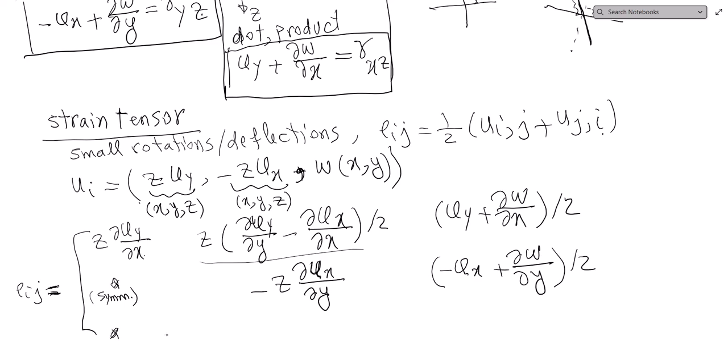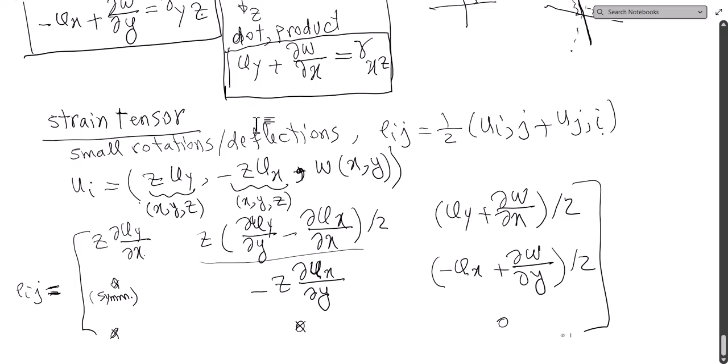And symmetry, and 0, because w is not a function of z.